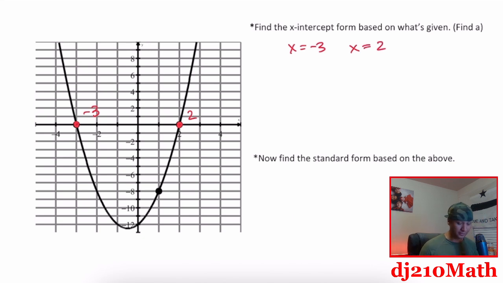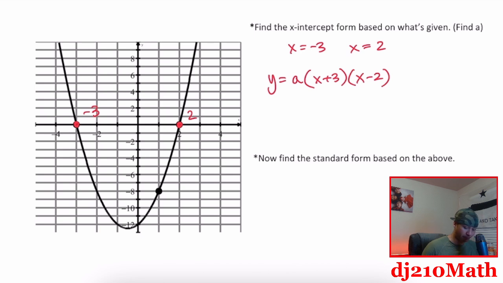So to find the factors, y is equal to a times (x plus 3), because it's the opposite, times (x minus 2), again the opposite. We just have to figure out what a is. So I want to use a point that is not the vertex, typically an x of 1 or 0.